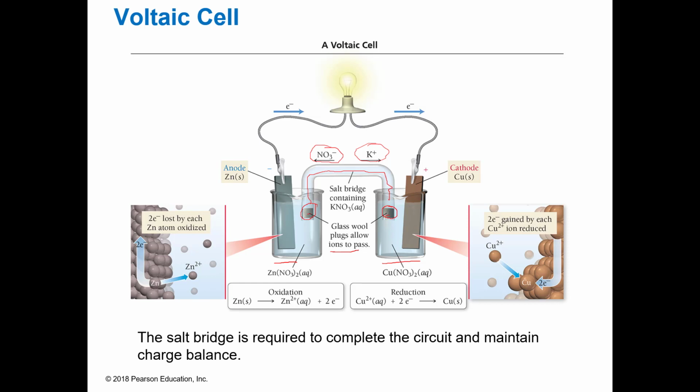All right, so here you have an electrode, here you have an electrode. They tell us that this is the anode, and they tell us that it's zinc. They tell us this is the cathode, and they tell us that that's made of copper. The electrode is submerged in a solution of zinc nitrate.